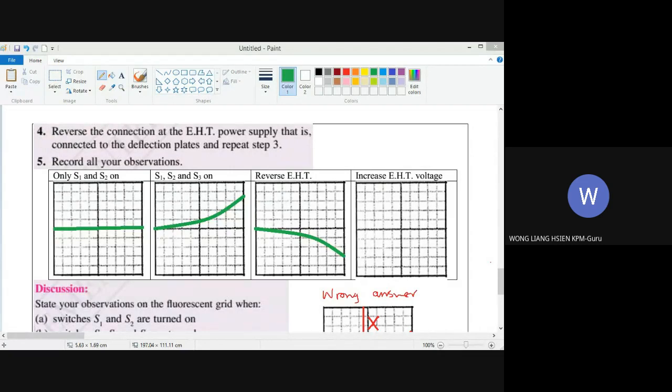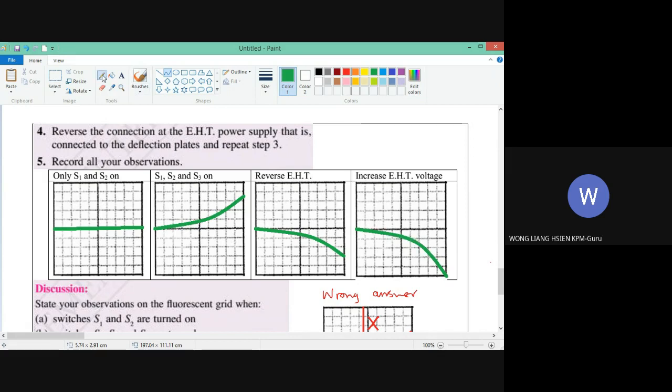Continue. So what happens if we increase the EHT voltage, the voltage of the EHT power supply? We have to draw the angle of the deflection sharper, a bigger angle. That means it can deflect with a sharper angle.